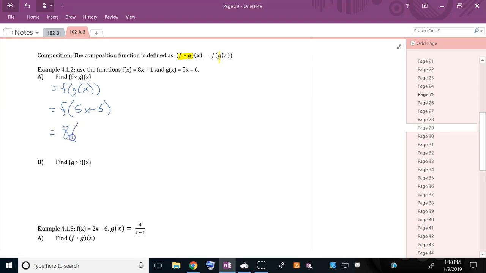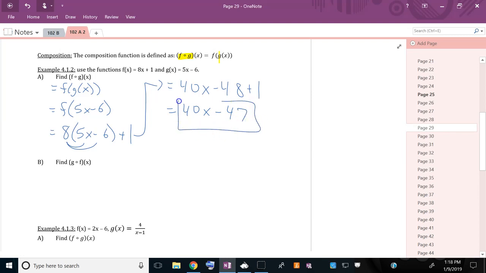To get 8 times 5x minus 6, and then plus 1. And then let's simplify that. So I get 40x minus 48 plus 1, which is 40x minus 47.